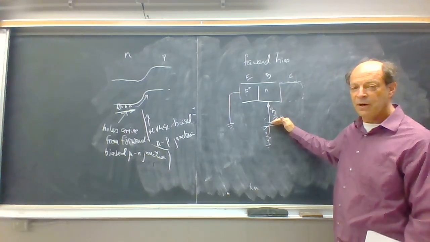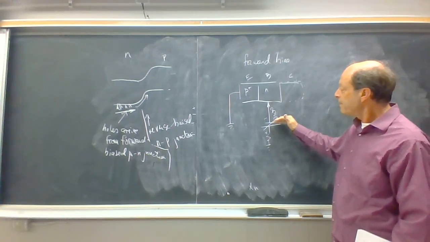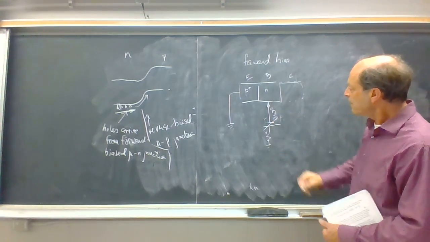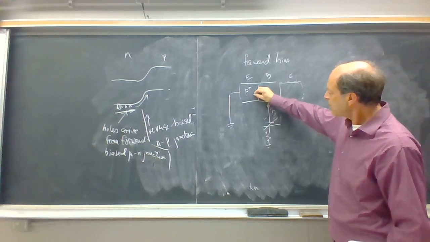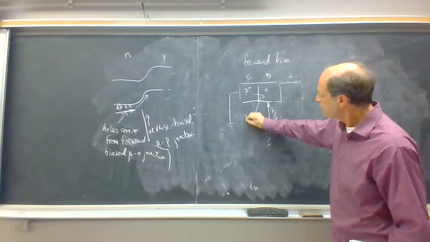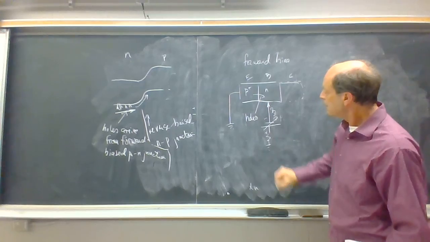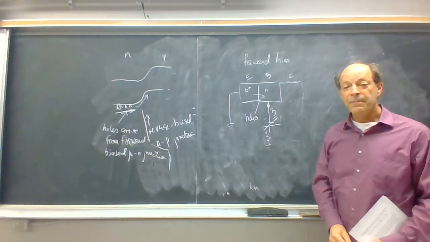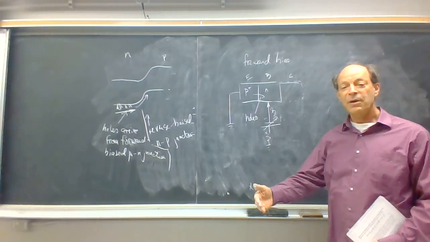So instead of talking about current for a minute, let's just talk about where the holes are going. We're injecting holes into the base. Those holes become minority carriers in the base.